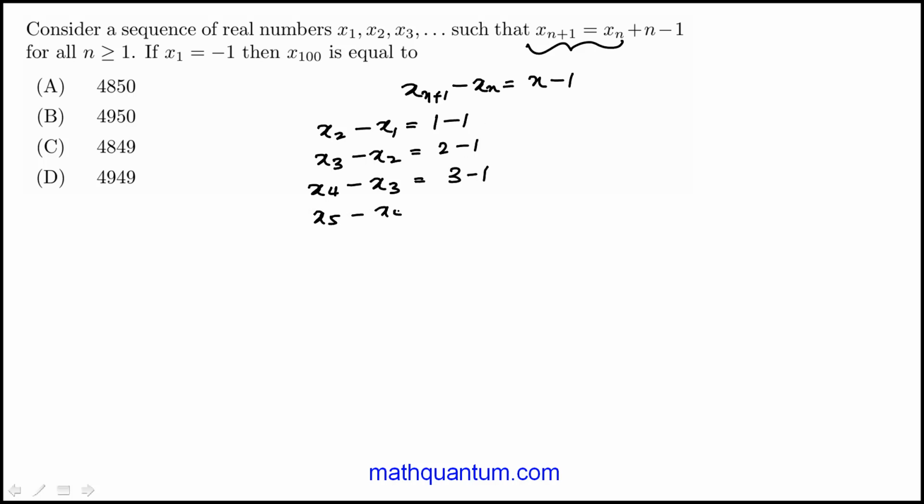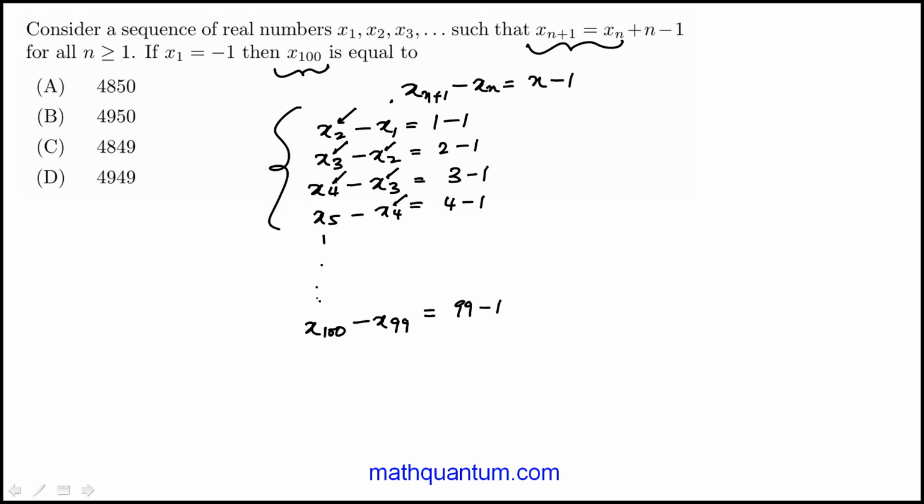And I always go at least 5, 6 terms because I want to make sure that I at least see it very clear. Now, you'll notice that when I do this, you have a minus x2 and a minus x2, x3 and a minus x3, x4 and minus x4. So I note that if I add them, all the terms will cancel, and I might be able to get to x100 because the last one, if n is 99, x100 minus x99 is equal to 99 minus 1.